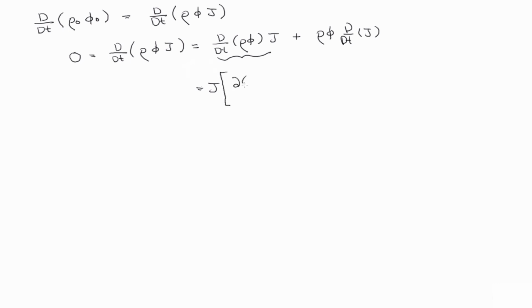And then we just have partial rho phi partial t plus the gradient of rho phi times v, plus rho phi d/dt J. So to figure out what d/dt of J is, I'm going to start a new page and we'll come back to this.